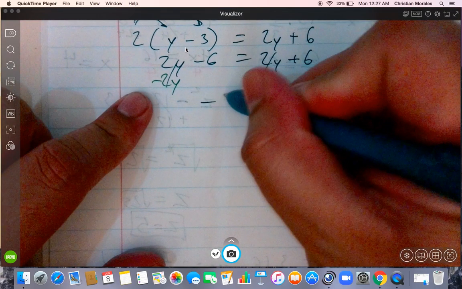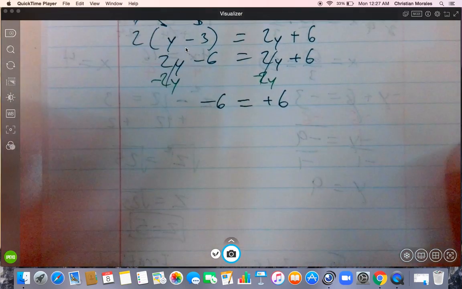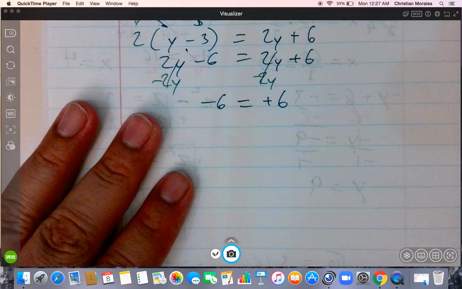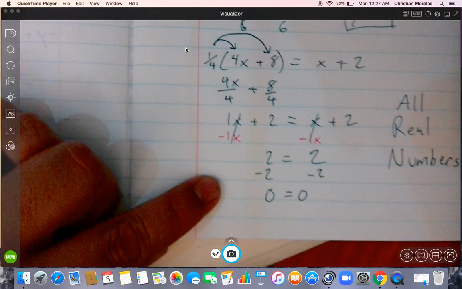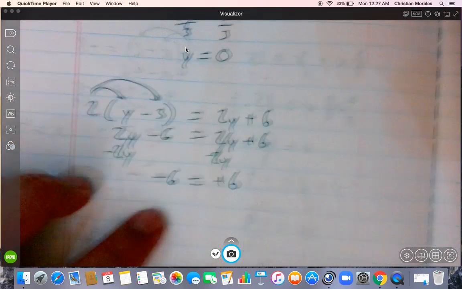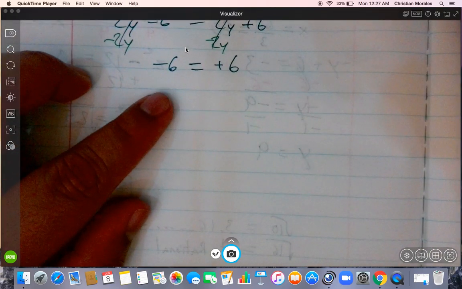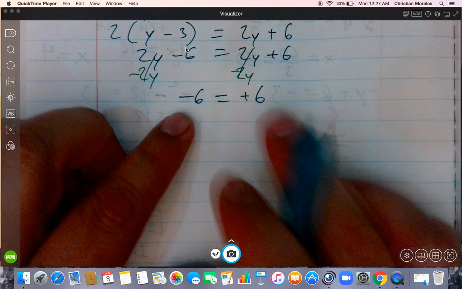And you're left with negative 6 equals positive 6. Now, you have to remember what we're doing. In all these questions that I was showing you, solving for y or solving for x, right? In this case, you got the same thing on both sides, so that was all real numbers. In this case, you got y equals 0. There is no letter left to solve. There is no variable to solve. All you're left with is two different numbers.